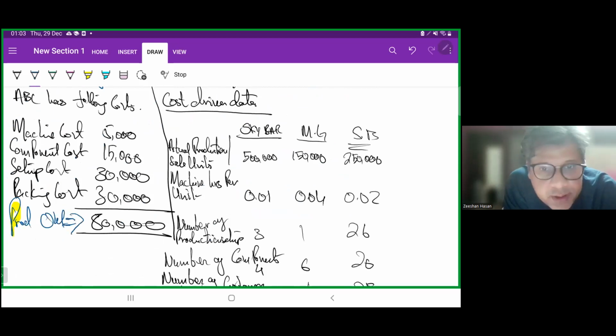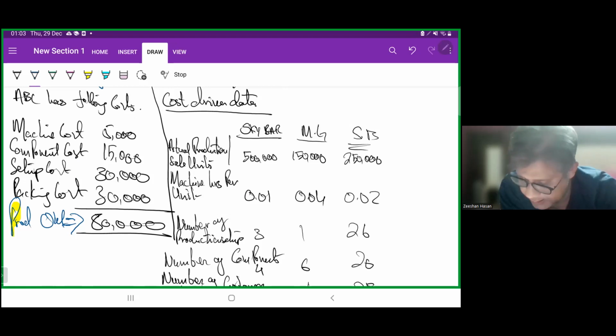Now we have three products, Skybar, MG, and SB. The actual production or sale units for these are 500,000, 150,000, and 250,000. Machine hours per unit are 0.01, 0.04, and 0.02. Number of production setups are 3, 1, and 26. Number of components are 4, 6, and 20.